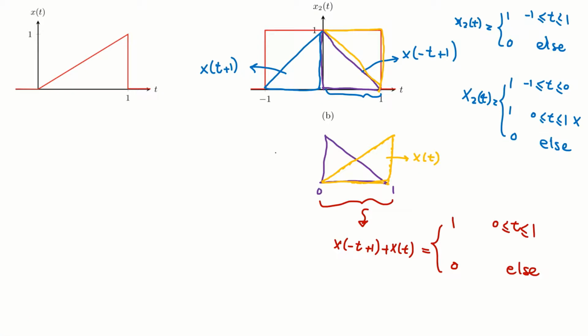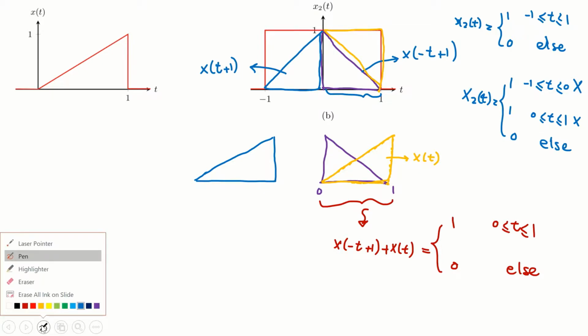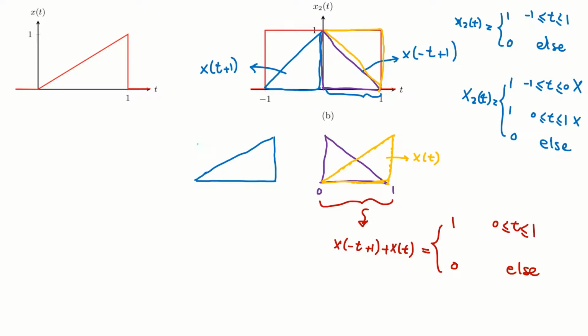Okay, so we have this signal, and I want to focus on this part, the left side, in the interval from -1 to 0. All right, so I need something like this to add up to the signal.